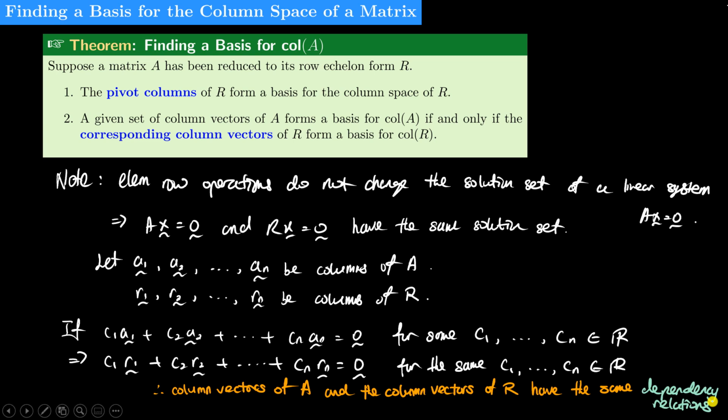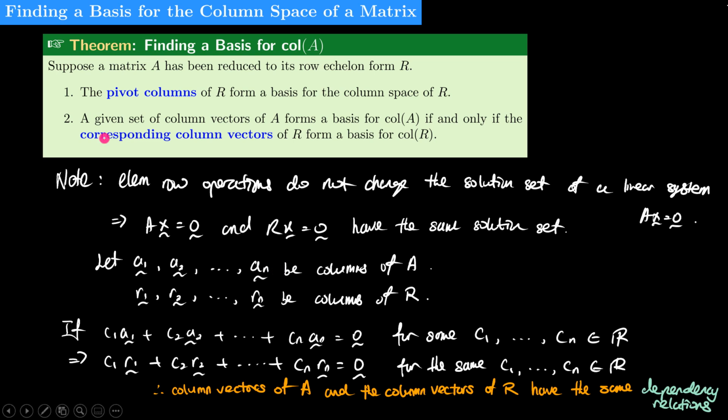Now what this means is that if a certain subset of the column vectors of R are linearly independent, then the corresponding subset of column vectors of A are also linearly independent.